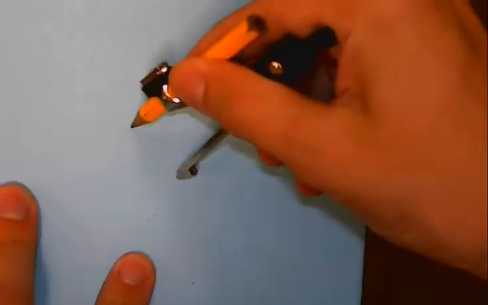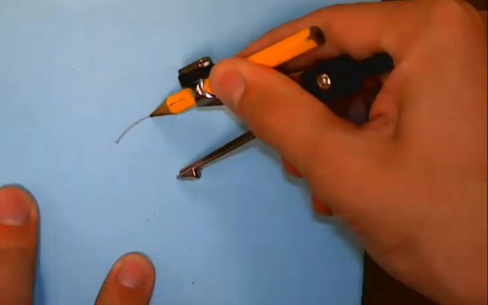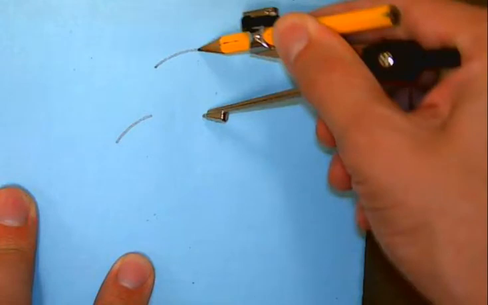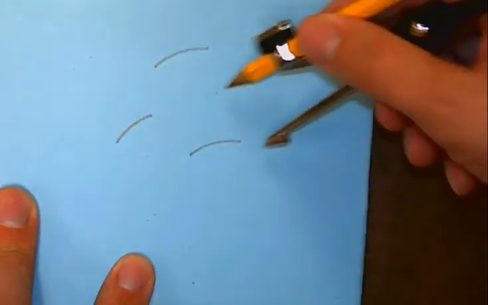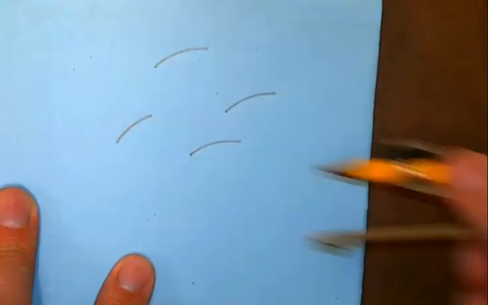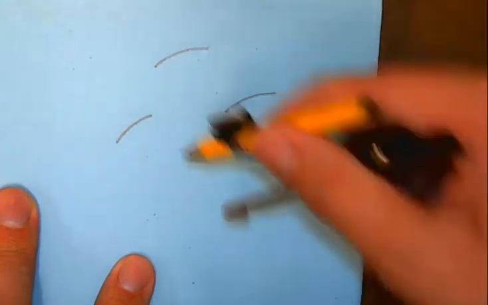So turn this around, get your compass, and don't make a circle. What I want you guys to make are arcs. Watch me make an arc. There's an arc. There's an arc. There's an arc. Okay? Do you see how quickly I can make these?